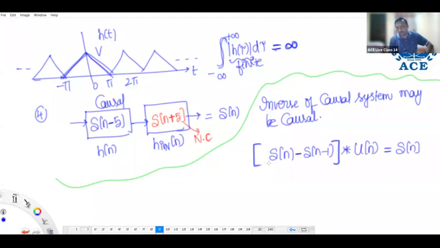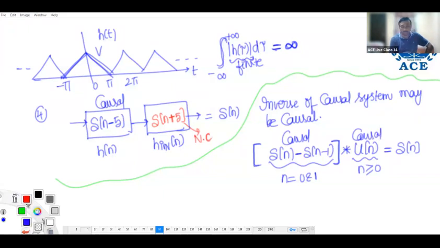This bracket term covers the indices 0 and 1. This is causal, and this is also causal. The inverse of a causal system may be causal, true. Always causal, false. From u n to produce delta n, everyone of us knows we are using the first difference, delta n minus delta of n minus 1.